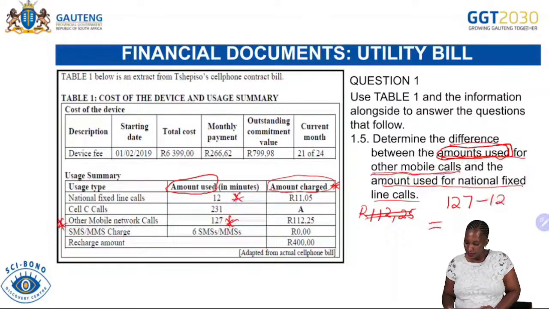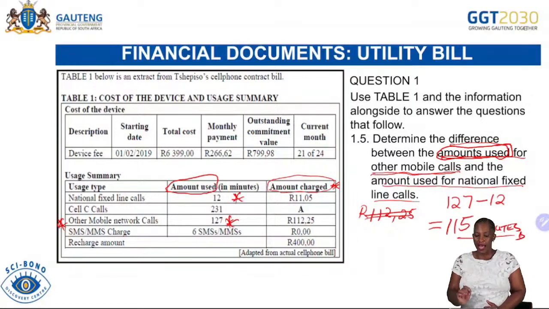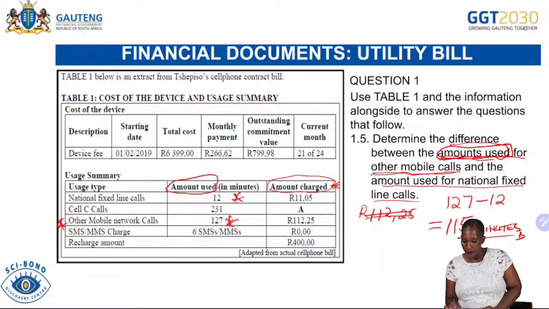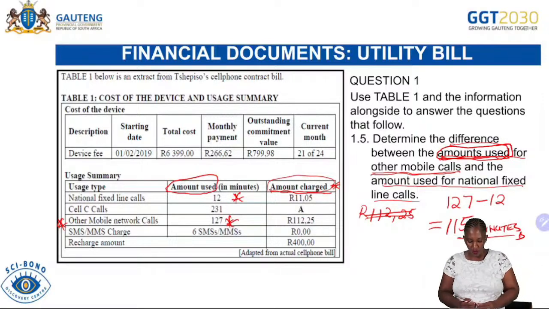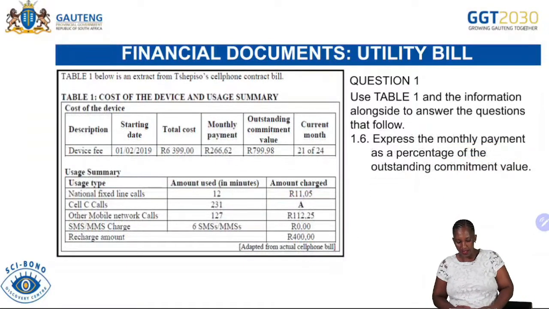We say 127 minus 12. We get our answer to be 115. So meaning they have used 115 minutes. 115 minutes. That is the answer that they are looking for, because they said the amount used, not the amount charged. So they are both amounts, but the other one is amount used in minutes. This one is amount charged in rands. So we have to be careful when it comes to that.